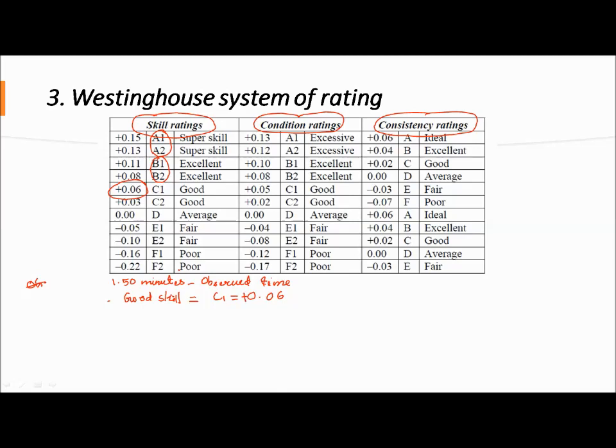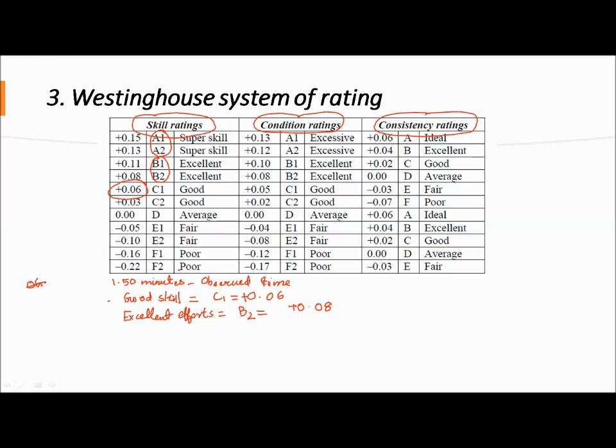Now for example say he is doing excellent efforts. The value for excellent is not shown here, so I'm just assuming it as B2, and I am assuming it to be 0.08.